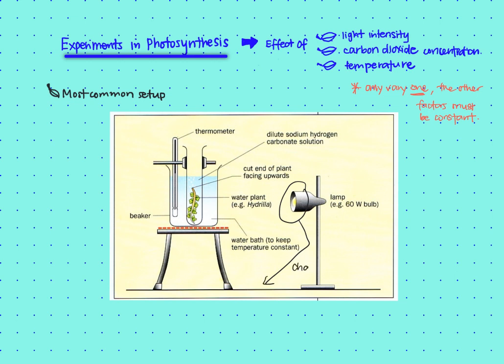You change the distance of the boiling tube or the plant and the light source, using a ruler.